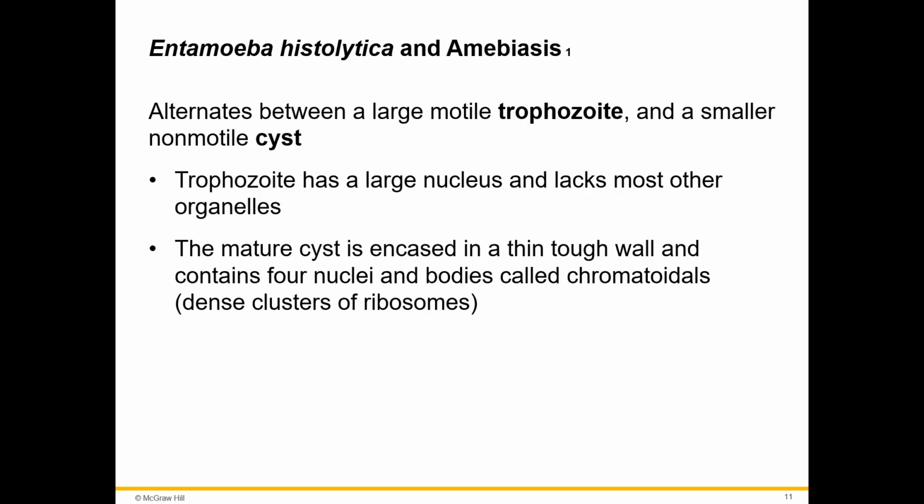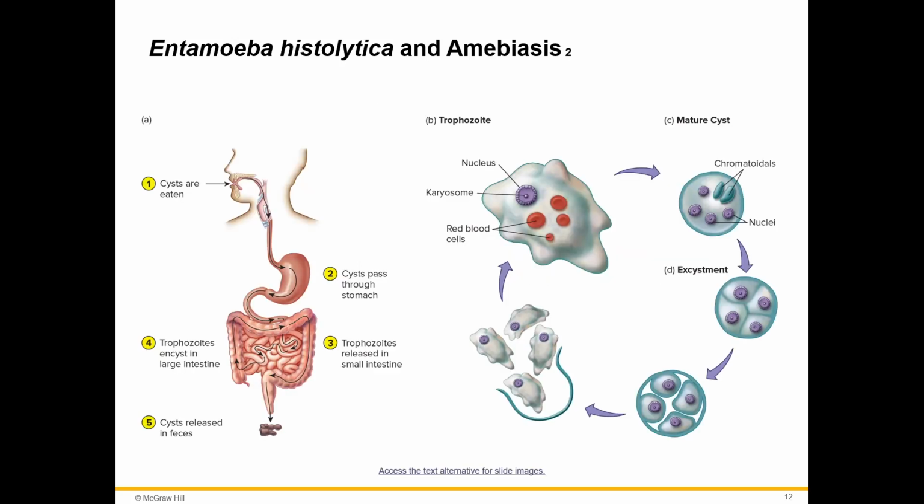What those are is just dense clusters of ribosomes, and that's how you can identify these guys when you're looking at them visually. And so how do they enter the body? Well, we'll ingest them somehow, right?